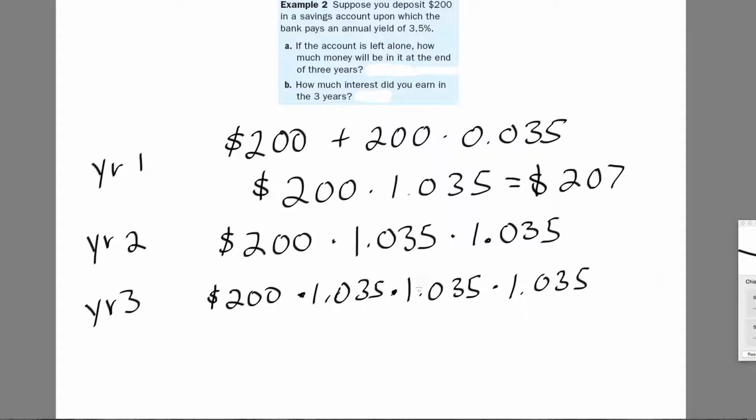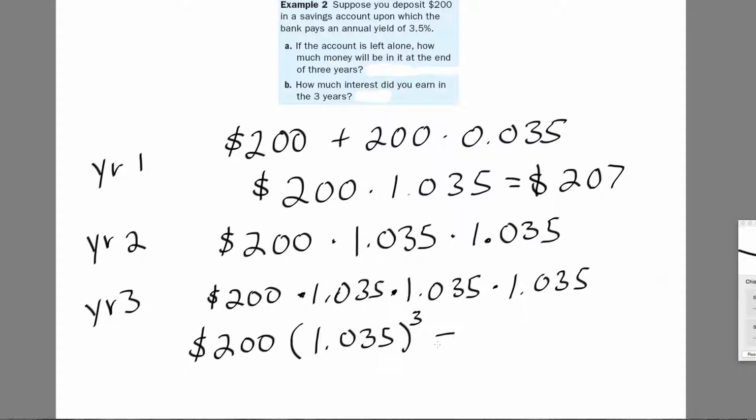What I can see that I've got here is repeated multiplication, and repeated multiplication is a case of a power. So how many times did I repeat it? 3 times. The base is 1.035. So to get a more direct result for my 3-year problem, rather than doing it serially as we did before, I have 200 times 1.035 raised to the third power.